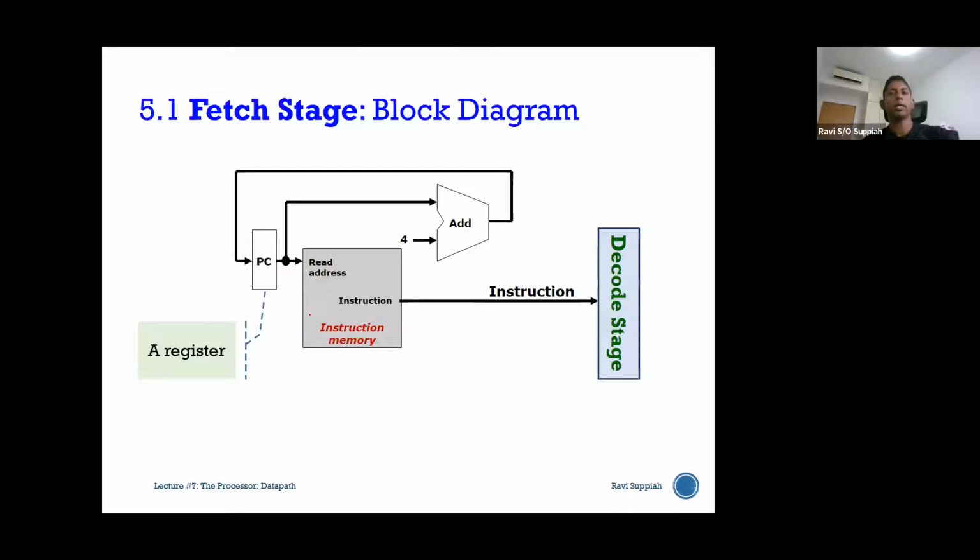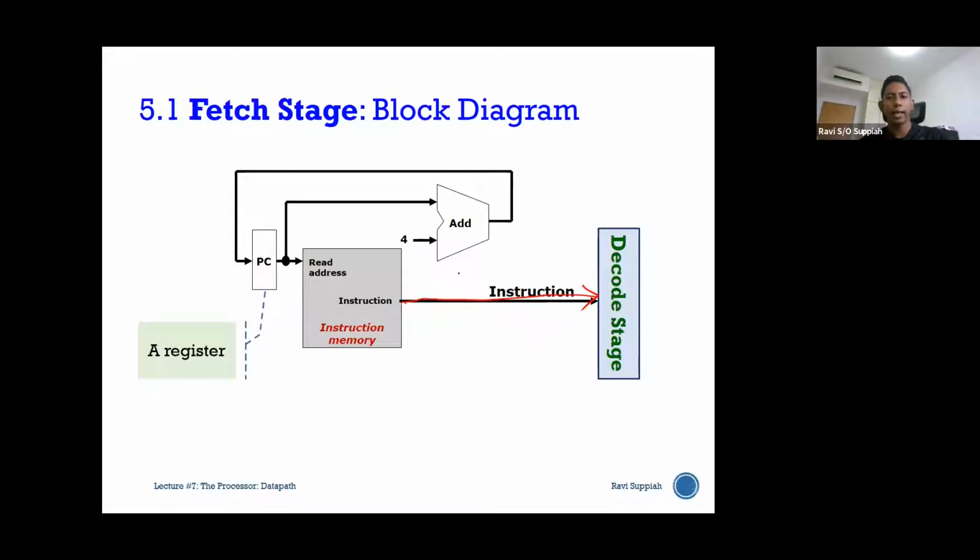The program counter is also another register, but in this case, the information that is stored is always the address of the next instruction to be executed.